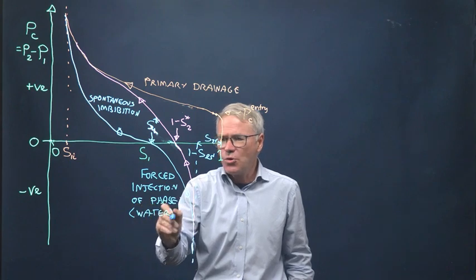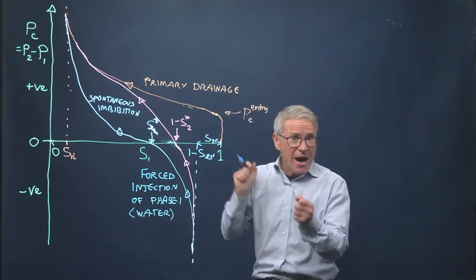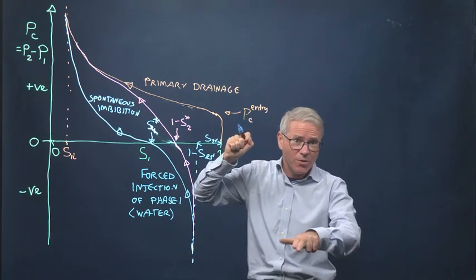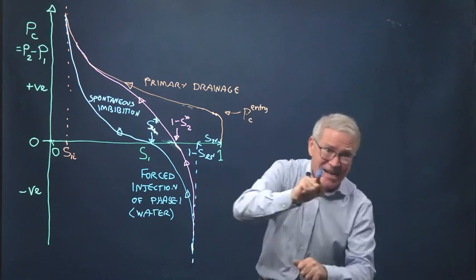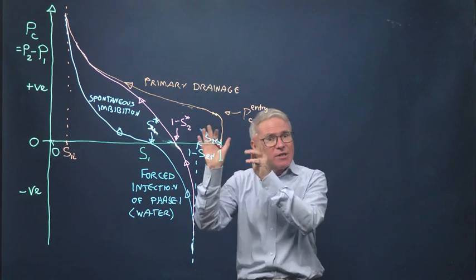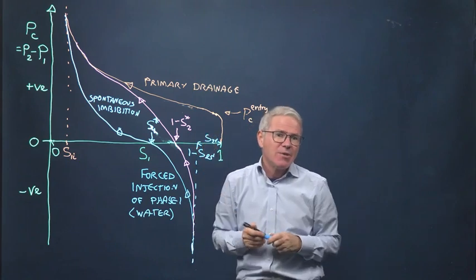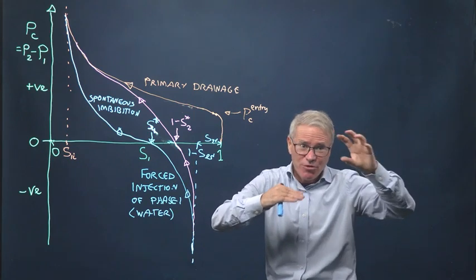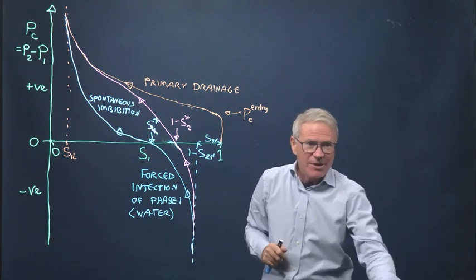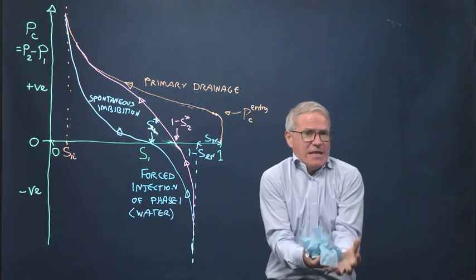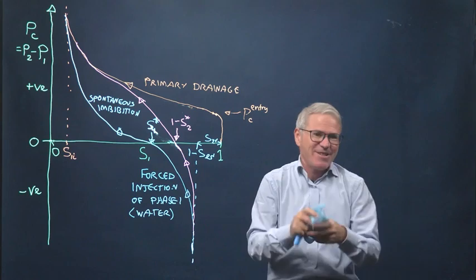Okay, so this is forced. And what do I mean by forced? I mean I have to have the water at a higher pressure than phase 2, than the oil or gas. I have to push it in, okay? I have to pump with a positive pressure and whack it in. Whereas spontaneous imbibition is where the pressure in the water is lower than the ambient pressure, or the pressure in the fluid in the porous medium. So like a cloth, water soaks in. I don't have to push the water in, it soaks up spontaneously.